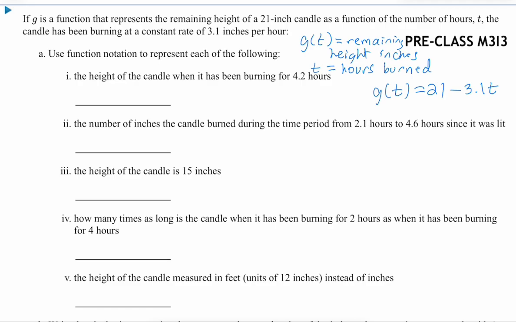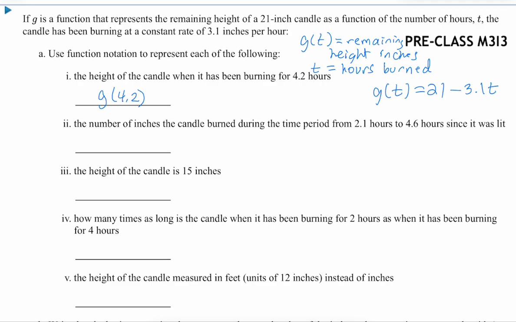We are only using function notation. We are not calculating it. Remember how that one problem said don't calculate? So in my case, that would just be G of 4.2. Now please look at what yours is. Yours might be G of 4.1, G of 4.7, G of 4.8. So that's all you need to type in at that spot. You are not doing the calculation. You are just using the function notation.